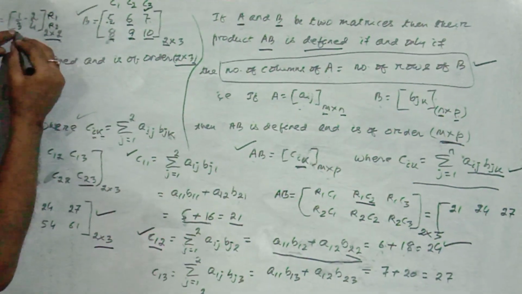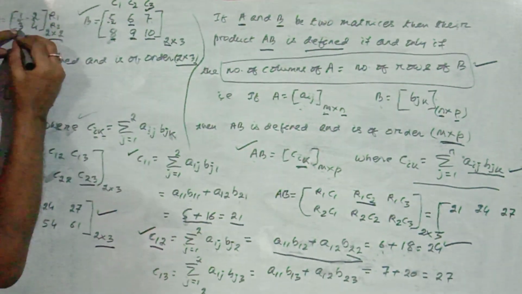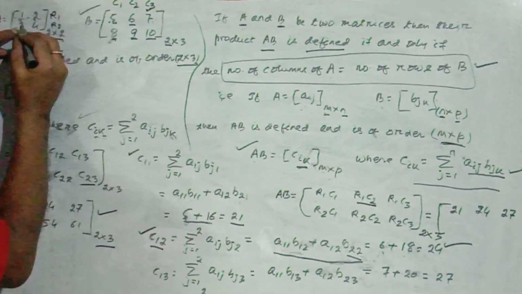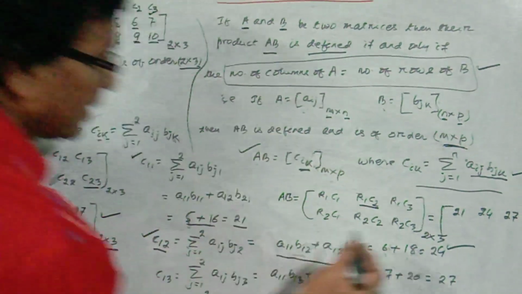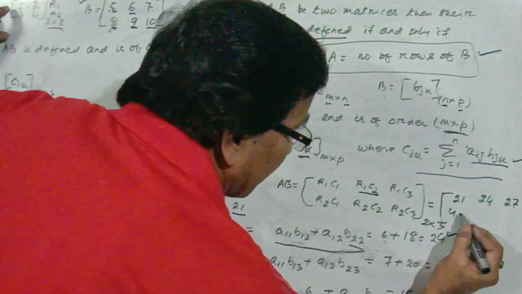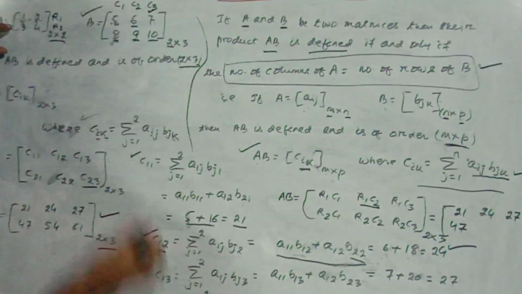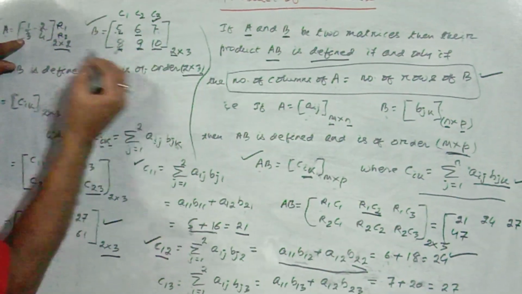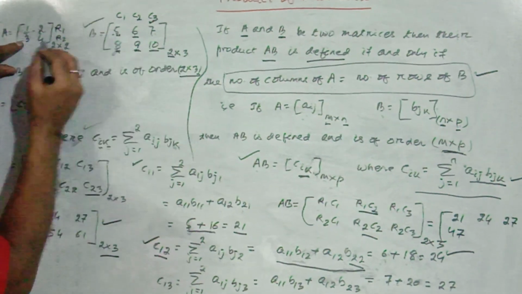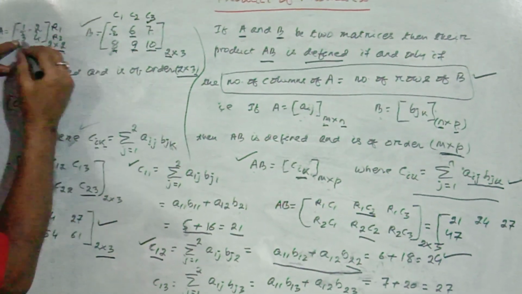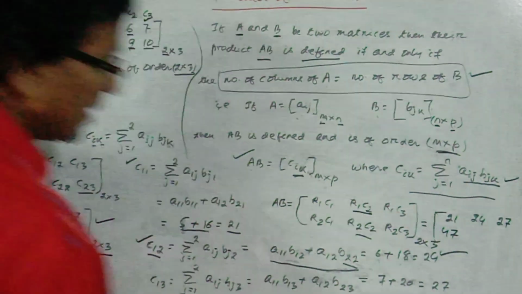Again we multiply R2 with column 1: 3 into 5 plus 4 into 8, that means 15 plus 32, which is equal to 47. Then R2 with column 2: 3 into 6 plus 4 into 9, so 18 plus 36, it is 54.